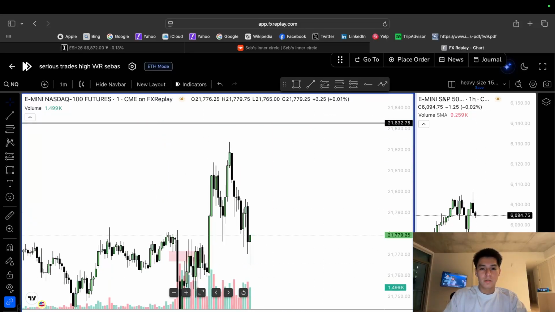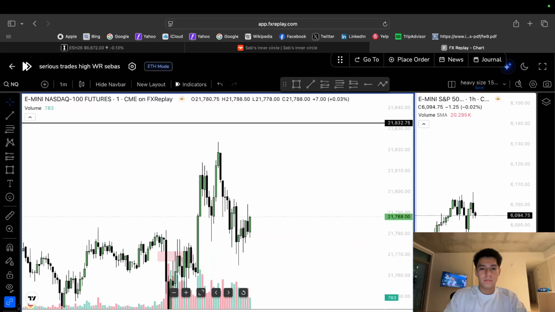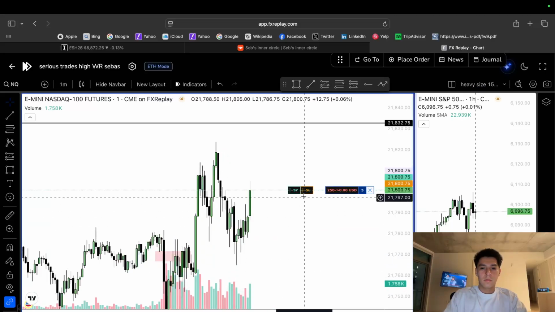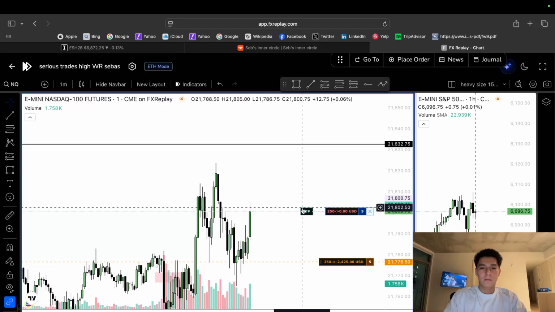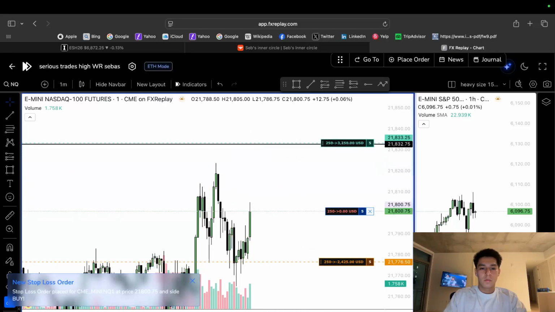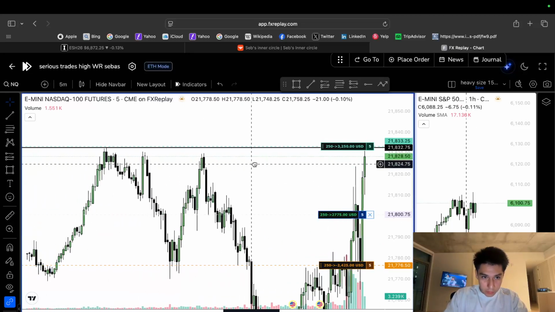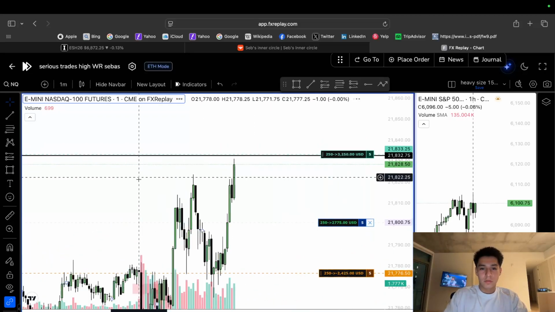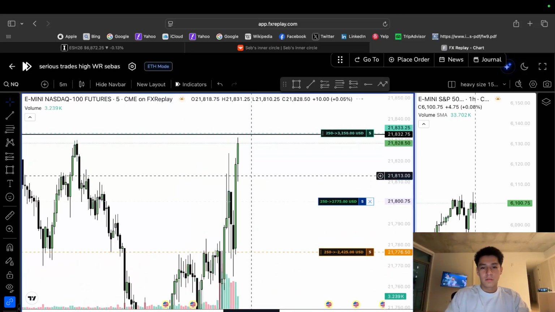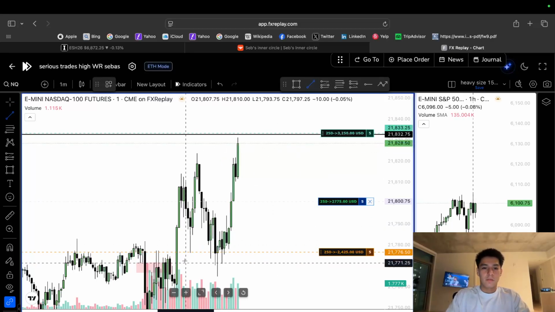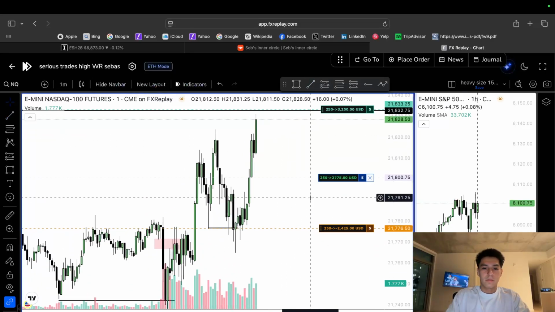See if we can catch a re-entry here. Alright, we're re-entering just because this should play out on the re-entry. So this was not emotional, not an overtrade or nothing. We simply just got stopped out from this.